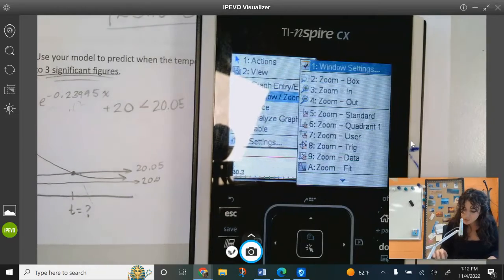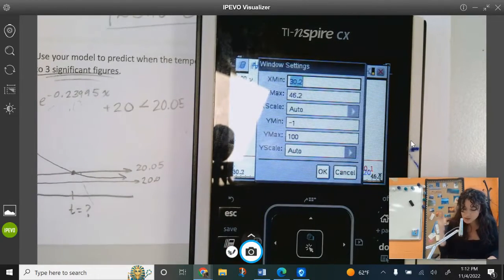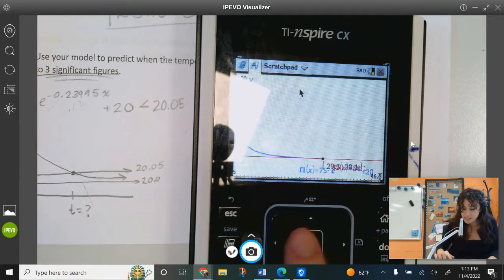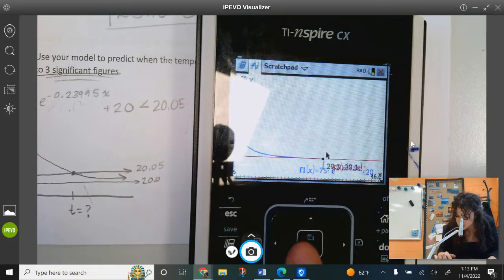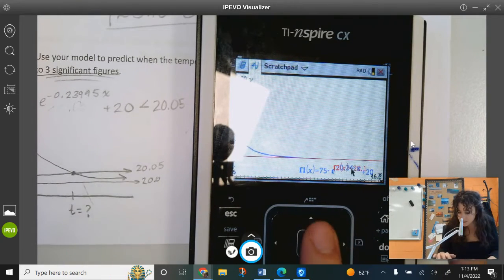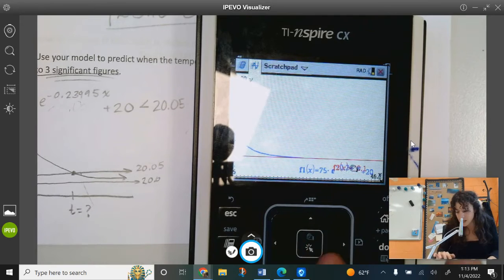So I'm going to change my window so my X values are a little bit more to the left. So maybe I'll do 5. And now I can see that point was there before. I hope we remember, but I didn't point it out, and I should have.